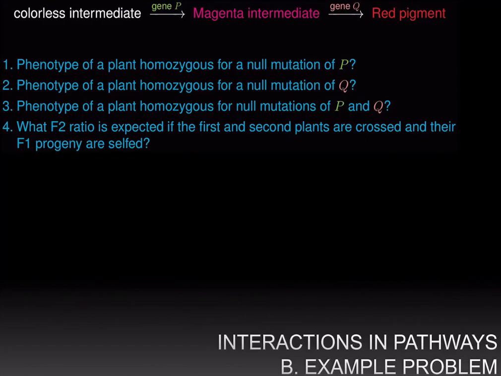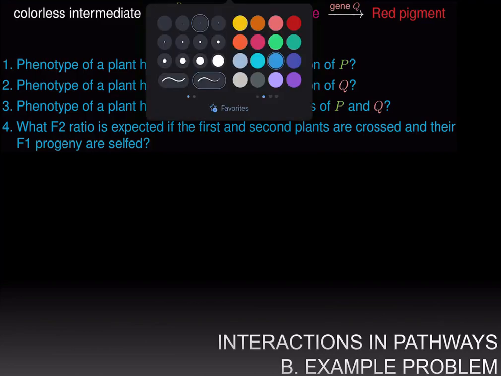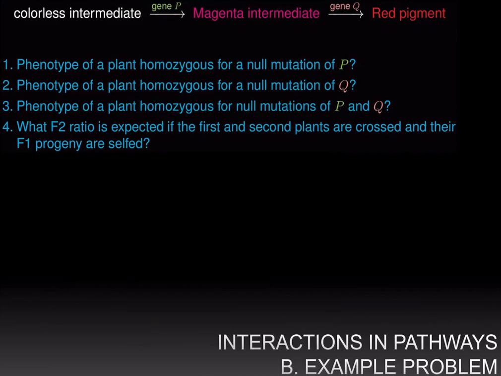Here we have been given a pathway where a colorless intermediate is converted into a magenta intermediate by gene P, and then this magenta intermediate is converted into red pigment by an enzyme encoded by gene Q. And we are asked what would happen in a plant that is homozygous for a null mutation of P. And a null mutation means that the allele makes no functional protein.